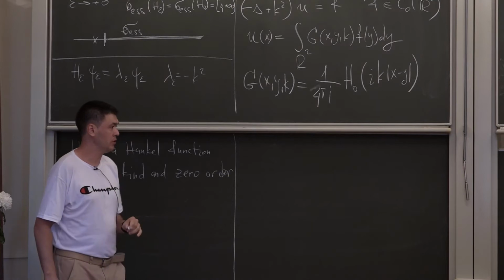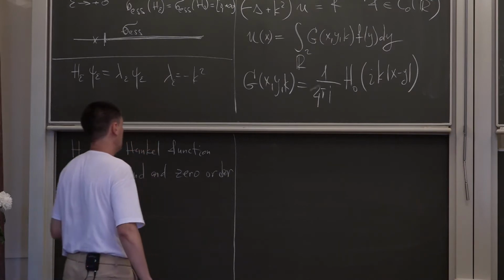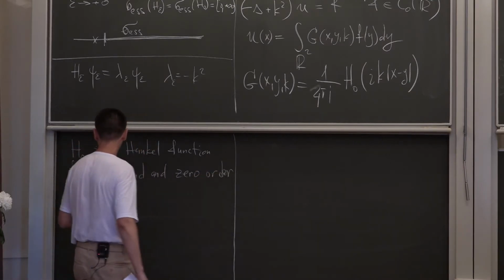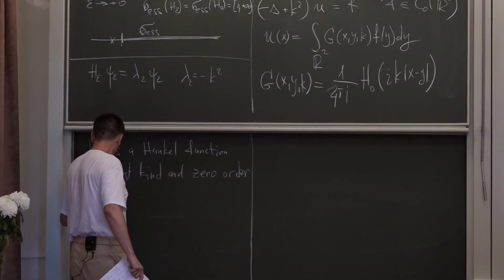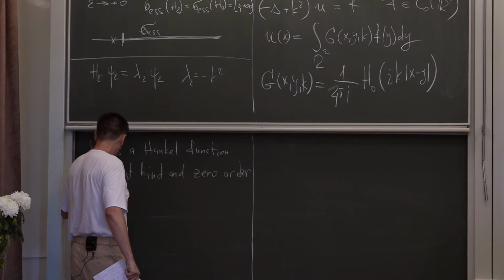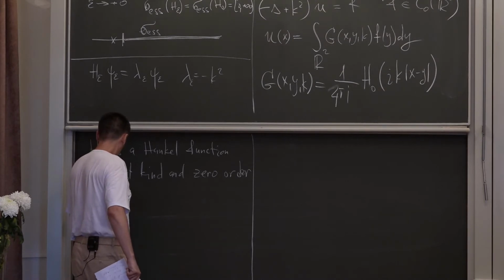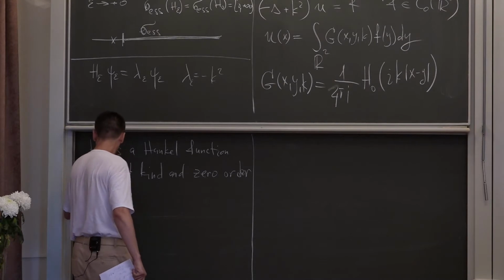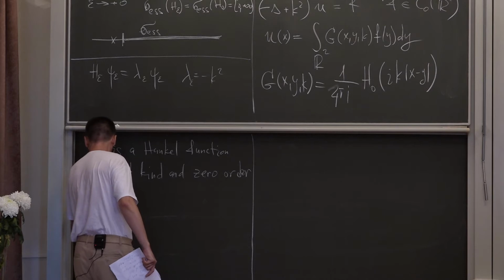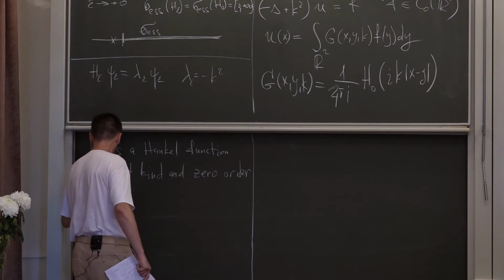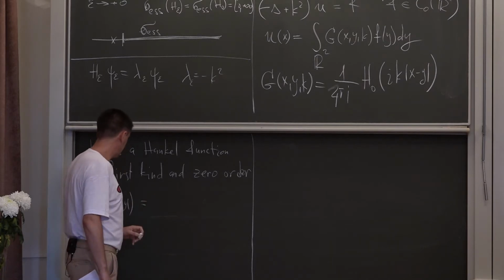Actually, it's not so important how this function looks, but the point is, just two main points, that H0 of i k absolute value of x minus y, even with this constant, behaves as follows.